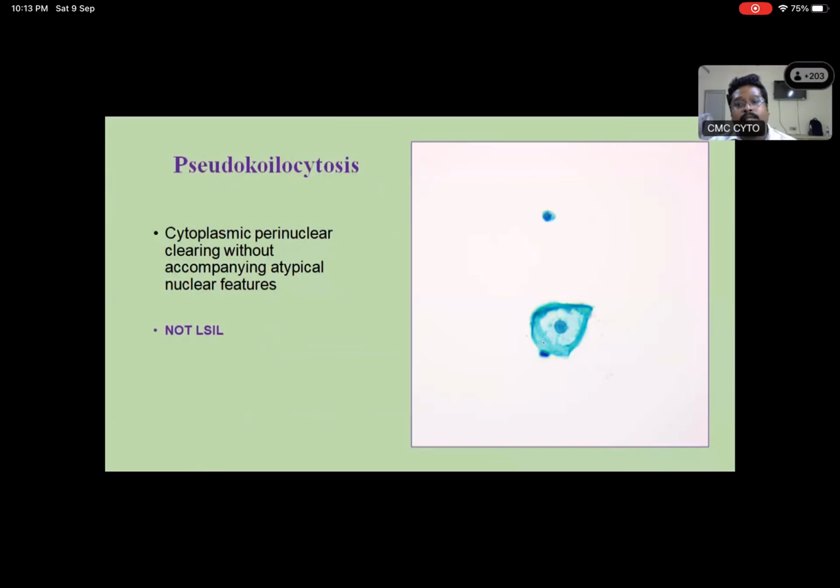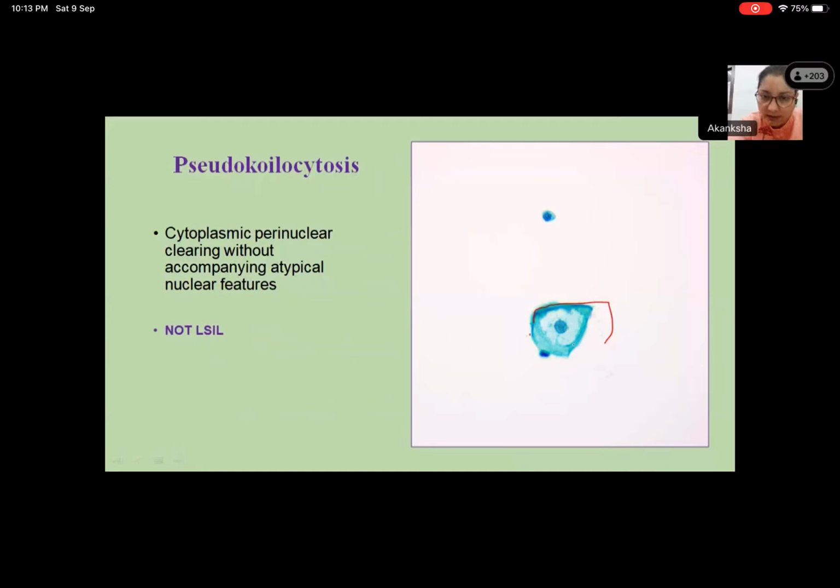So as mentioned, like this cell, Dr. Akansha, you want to describe this cell? What do you think about this cell? This cytoplasmic perinuclear clearing is seen. Okay.